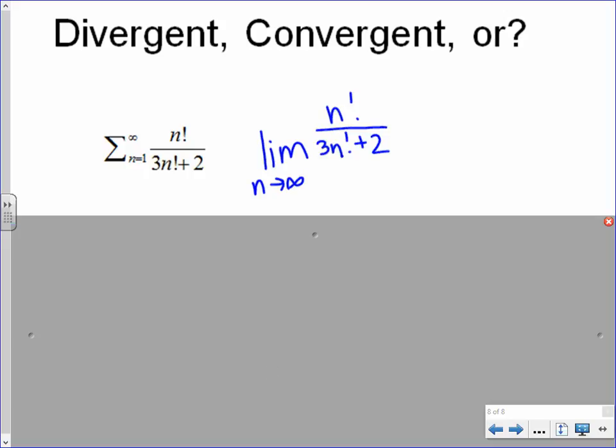Okay, some of you are panicking. Oh my goodness, how do we find this limit? Okay, do not worry. My suggestion would be to think of dividing both the numerator and denominator by n factorial.